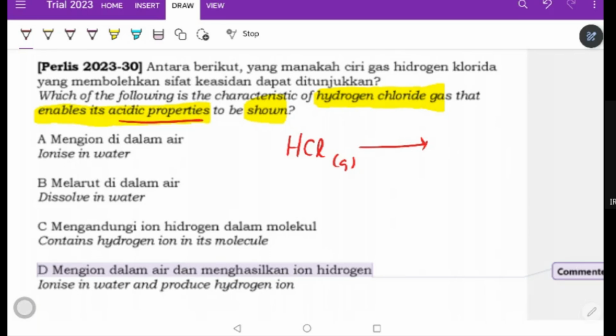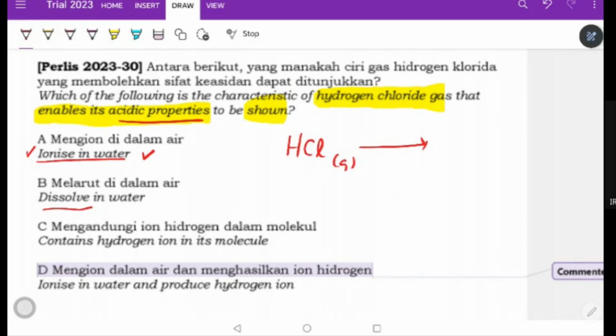Best answer, remember, you must choose the best answer. Ionized in water, this one is correct, but let's see if there is another more accurate, more suitable answer or not. Okay, dissolves in water. It dissolves in water, but ionized actually is better. Dissolve is also correct.